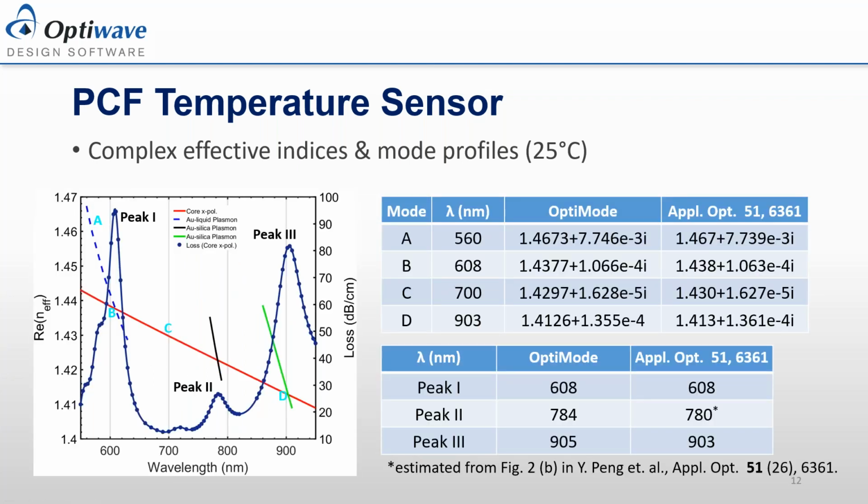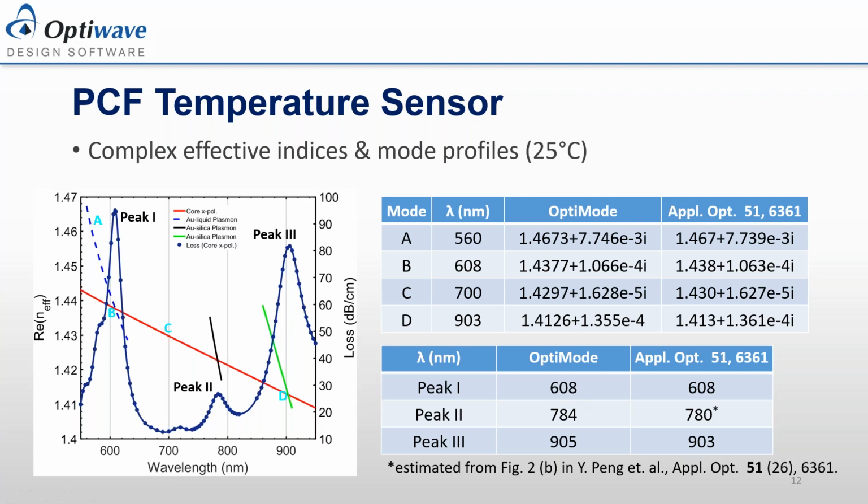Just to touch on the accuracy of the calculations relative to the reference paper, we've shown the effective indices at 3 wavelength locations, as well as the wavelength of all 3 peaks. The first table is the effective indices, and the second table provides us the peaks.